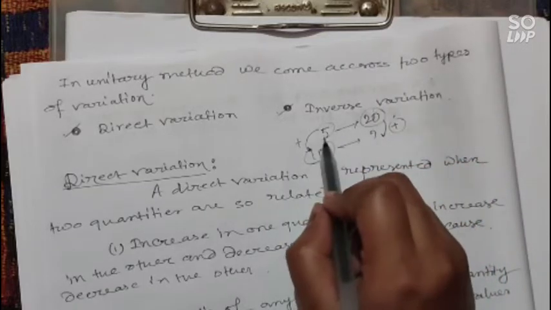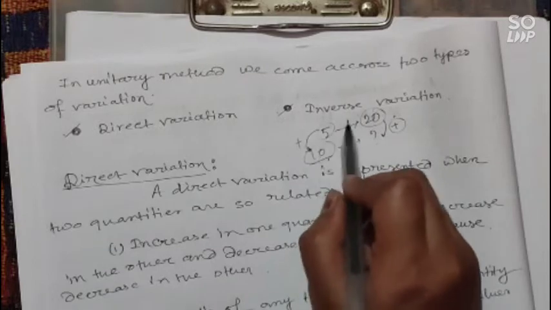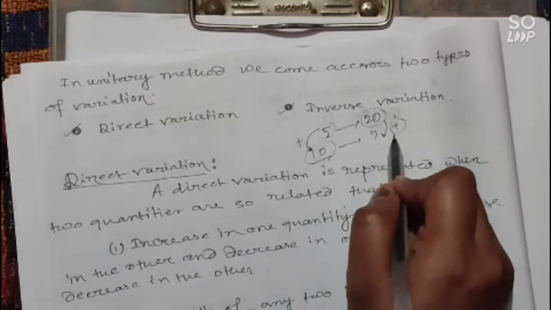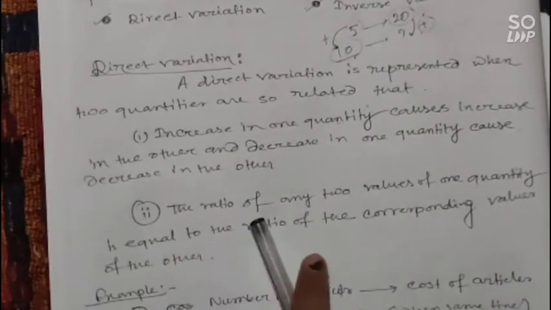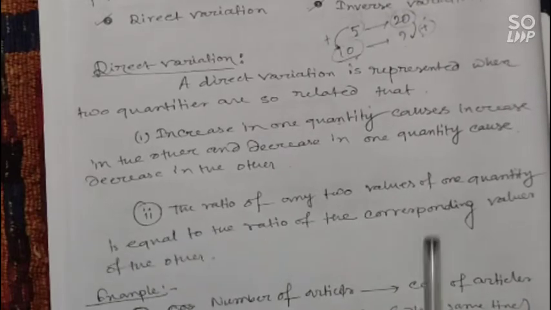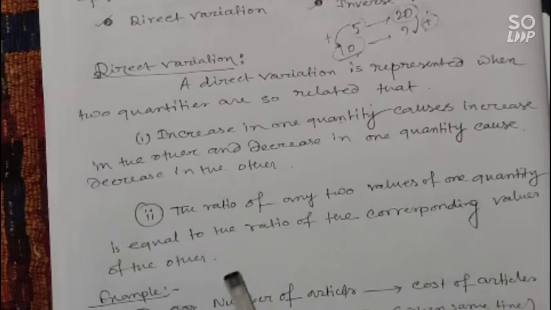So here the increase of one quantity causes the increase of the other. That means the cost of pencils and the number of pencils are in direct variation. Okay, and the ratio of any two values of one quantity is equal to the ratio of the corresponding values of the other.